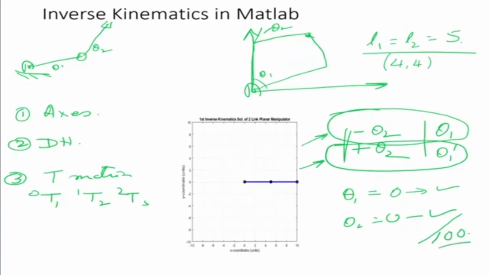Then I find the joint positions, joint 1, joint 2. By using joint 1, joint 2 and joint 3, I can plot these points, and as it is moving, I simply join those points by straight lines, and that makes a simulation. So the procedure is exactly the same.